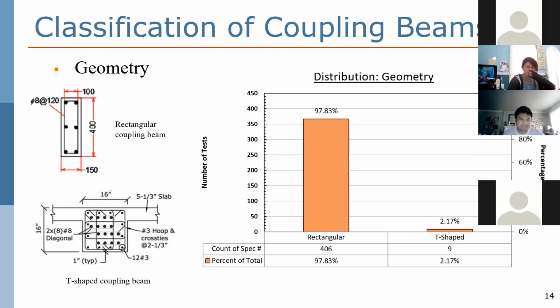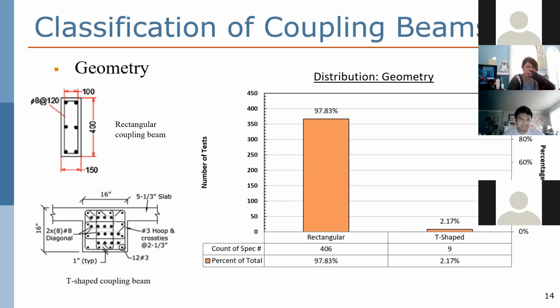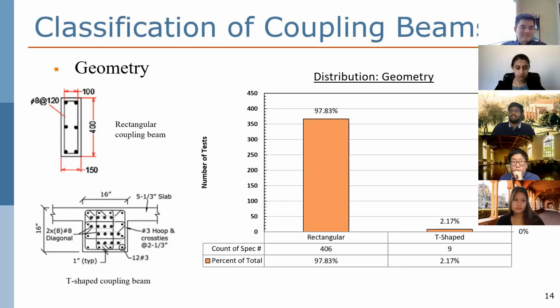Now we have the distribution of coupling beams based on the cross-section geometry. Most of the documented beams are rectangular in nature, and some of the beams are T-shaped. The T-shaped geometry is associated with slabs, basically on top of coupling beams, which is usually the case in buildings. But most of the experiments are for rectangular cross-sections.